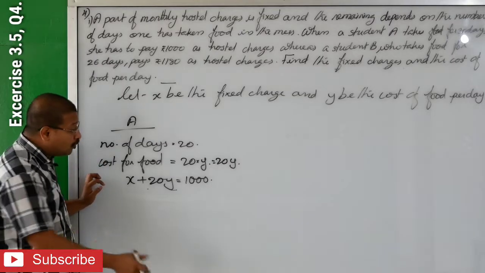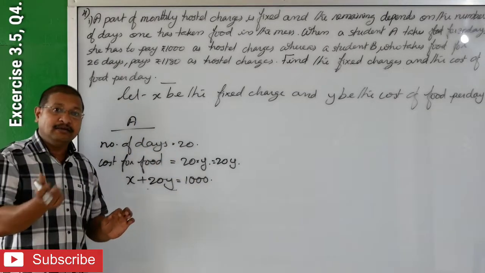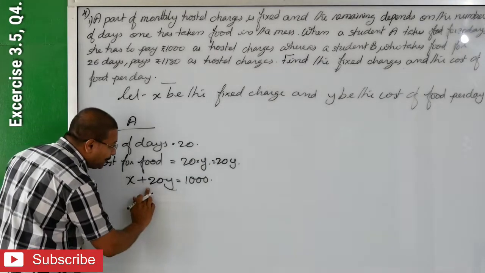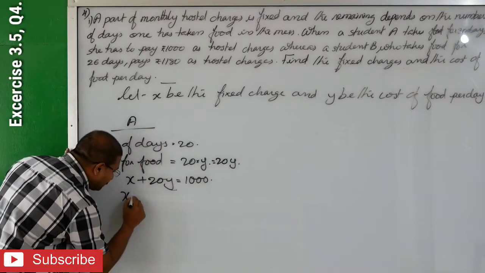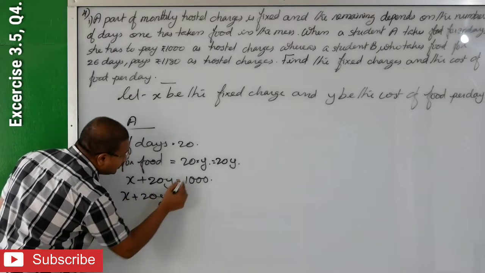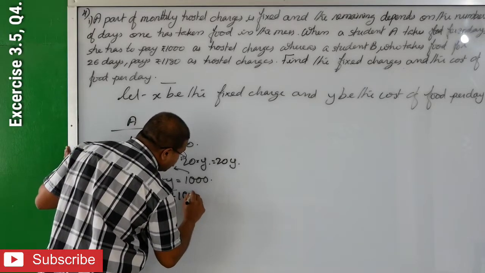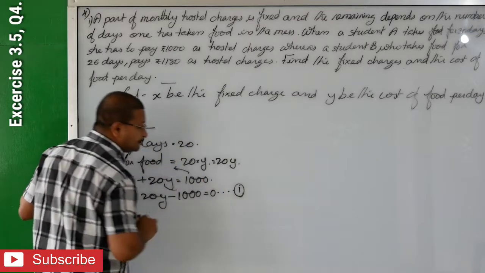From here, X plus 20Y, this 1000 goes to the next side, minus 1000 equals 0. This is equation number 1.